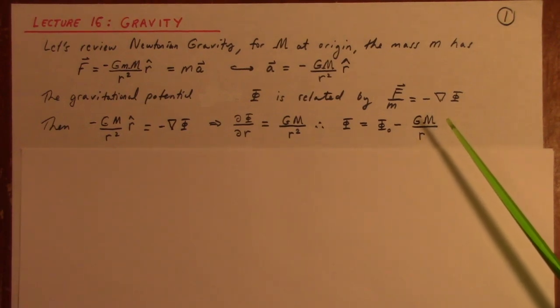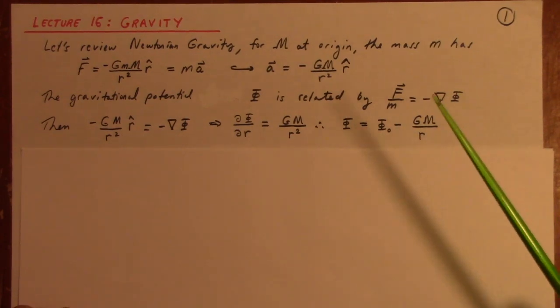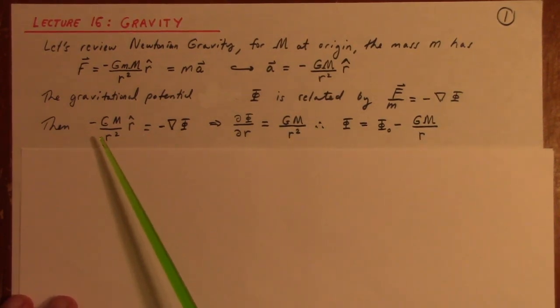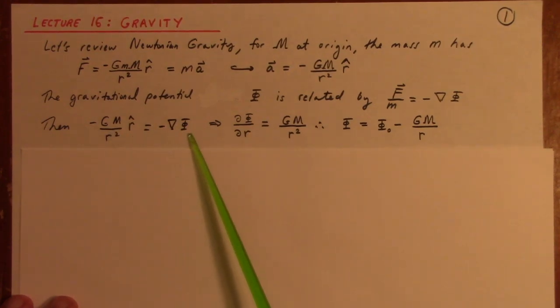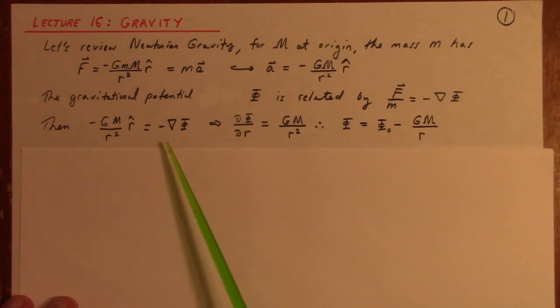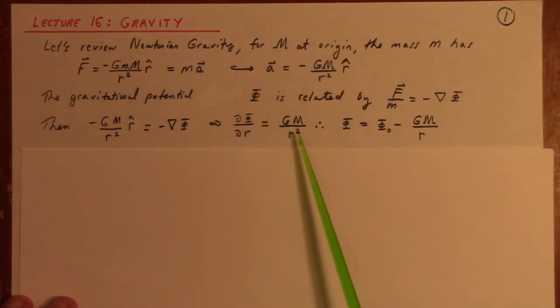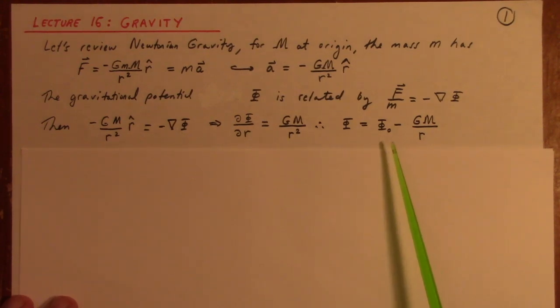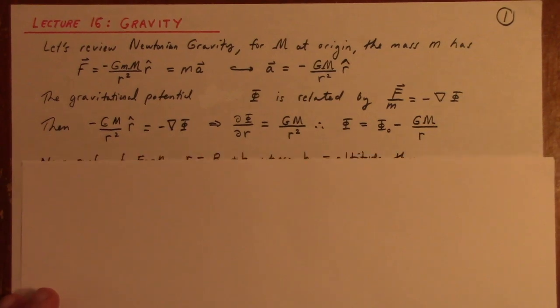It's potential energy per test mass or something like that. But anyway, so you got minus GM over r squared r hat is minus the gradient of this potential, which then tells me that partial phi partial r is GM over r squared, which when we integrate, we get phi is equal to some constant minus GM over r.